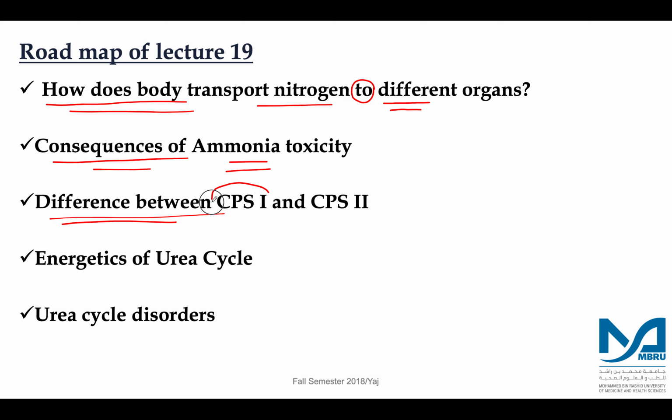In our lecture here, the synthetase that we will be looking at in detail is carbamoyl phosphate synthetase 1, and carbamoyl phosphate synthetase 2 is actually important in nucleotide metabolism. Most likely they will cover this in the course of molecular biology.